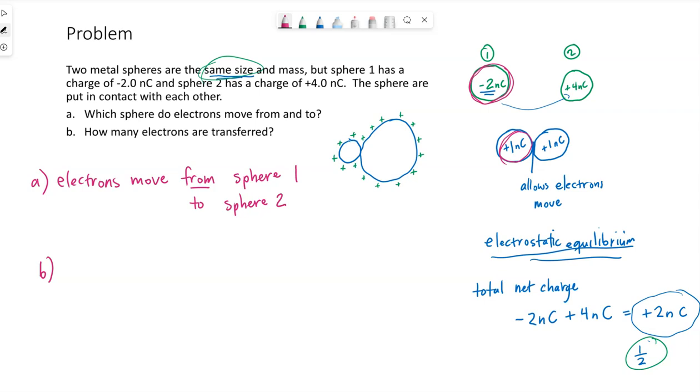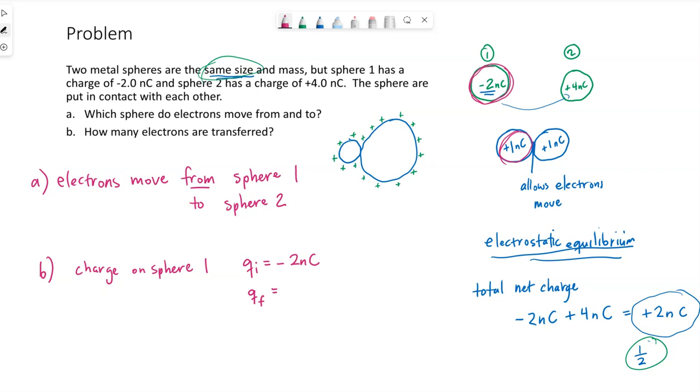To go from -2, sorry, writing and talking are hard to do at the same time sometimes. The charge on sphere 1, Q initial, is -2 nanocoulombs.